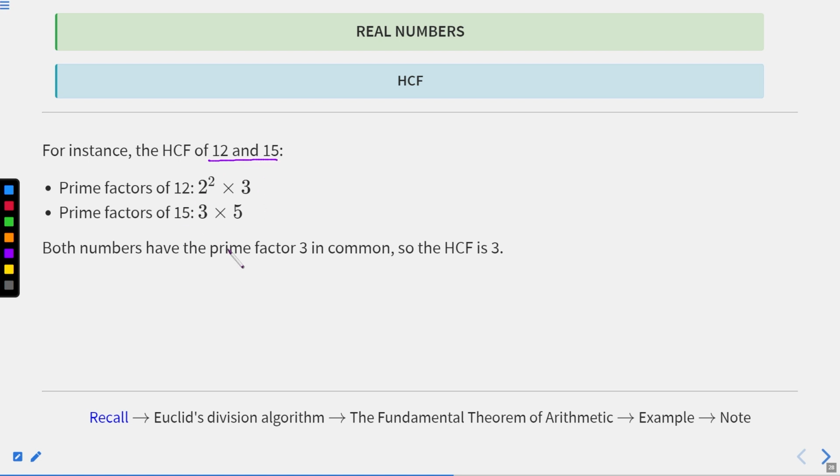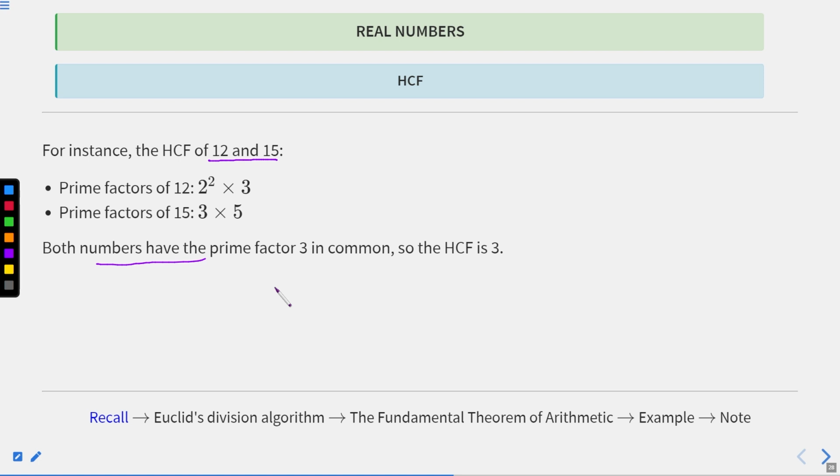In both prime factorizations, the common prime factor is 3. So both numbers have the prime factor 3 in common, and the HCF of 12 and 15 is 3.